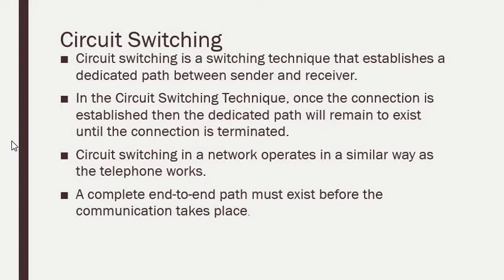Circuit switching in a network operates in a similar way as the telephone works. If you want to make a call to another person, then after dialing a number, when the line is connected, a dedicated path exists between you and the other side of the telephone, and this line will remain in existence till one of the users turns off the telephone.